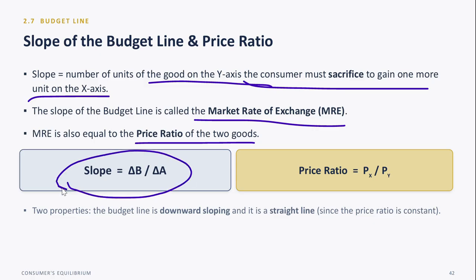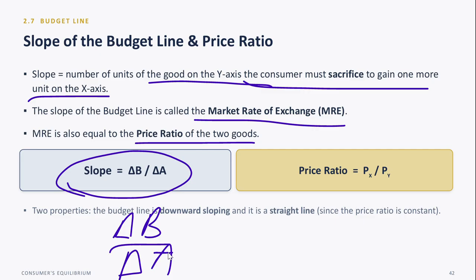This is the slope, as we were measuring in the MRS. The slope of the budget line is also called the MRE, the market rate of exchange, and it is also equal to the price ratio of the two goods.